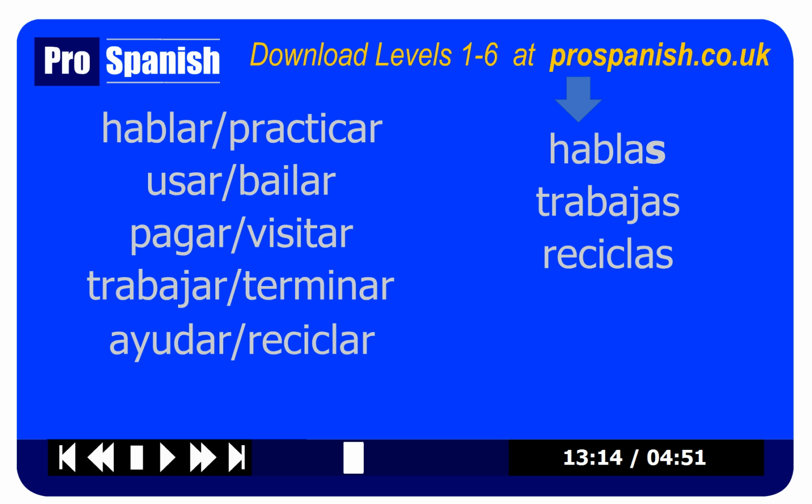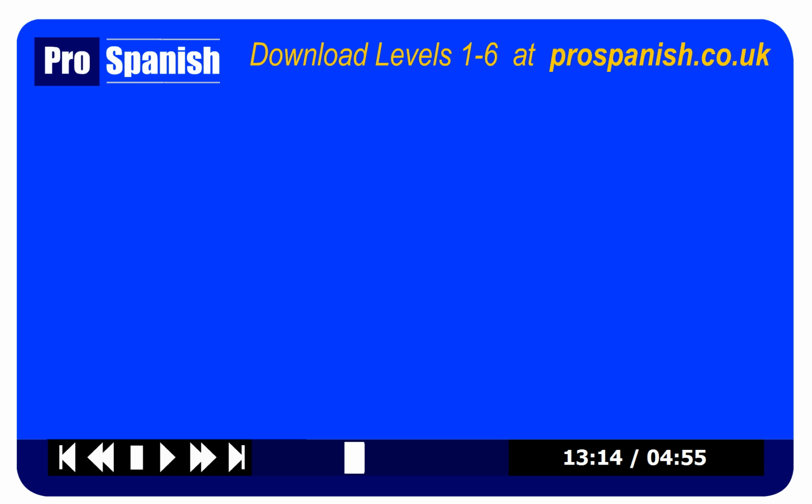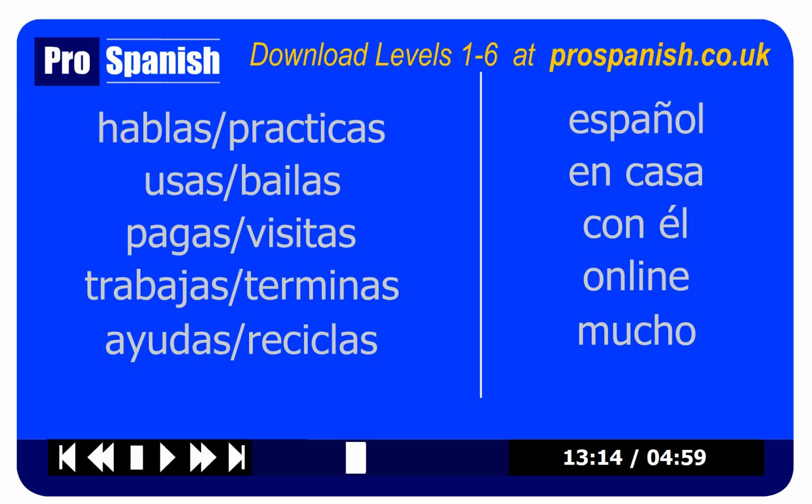Okay, so we'll practice these in a second, but first of all we're going to add a few extra words so we can make some meaningful questions with these words. So let's start off by including the word Spanish, which is español. And then let's include at home. At home is just in house: en casa.